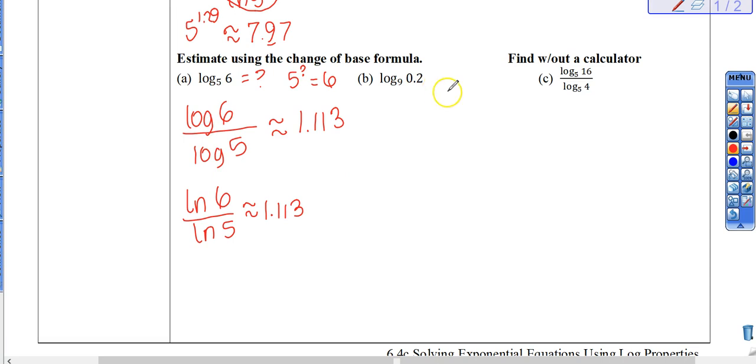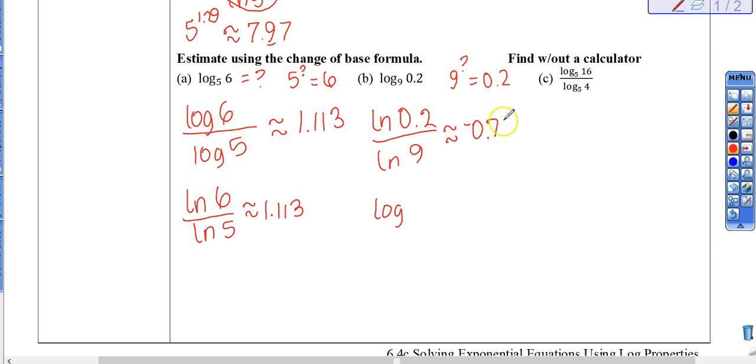Do the next one. We're doing 9 to the what is equal to 0.2. I'm thinking this has got to be a negative exponent. If I'm making 9 smaller, I have to raise it to a negative exponent. So natural log of 0.2 over natural log of 9, approximately negative 0.732.